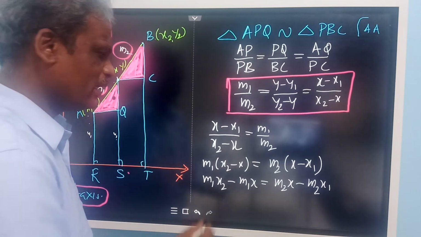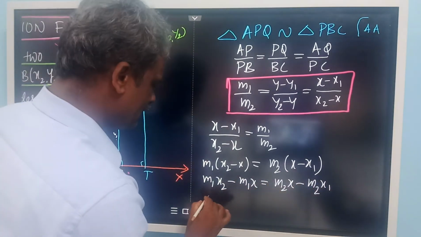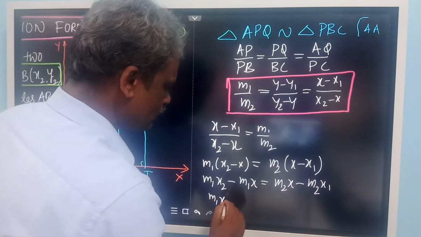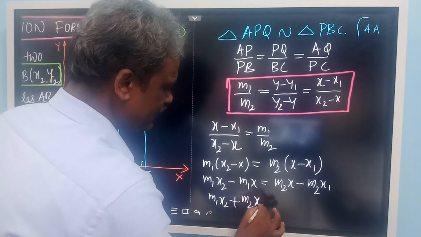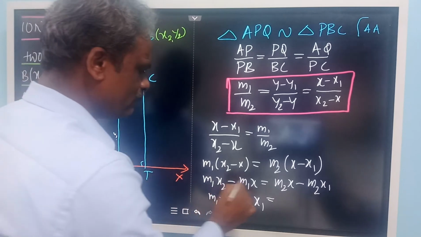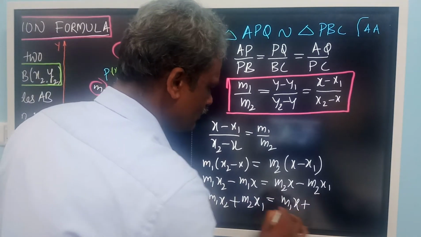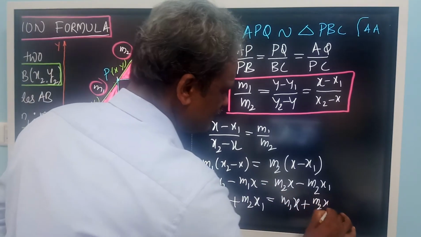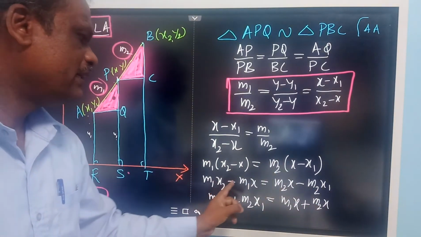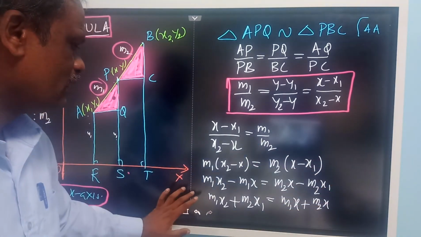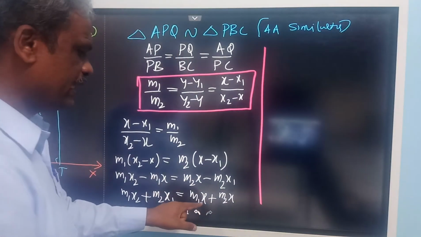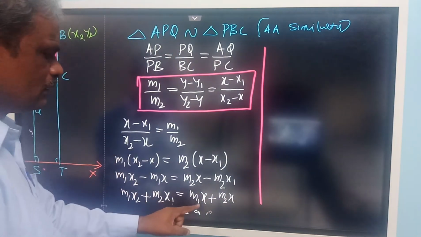Now what you do, keep the terms which contain x in the left hand side, other things in the right hand side. Otherwise you transfer this to the right hand side, m1 x2, then you transfer to the left side this one. So it becomes plus m2 x1 is equal to this. If it goes to the right hand side, m1 x plus m2 x, rearrangement only. Now take x common.